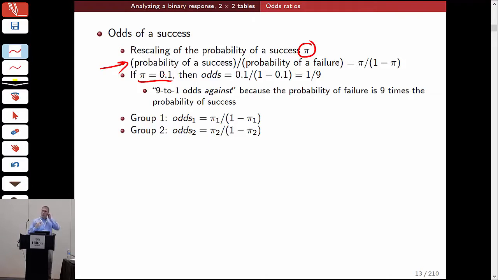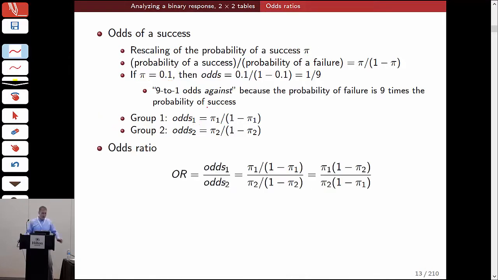Now again, we're going to be interested in computing multiple odds of success, one for group 1, one for group 2. So we can simply denote the odds of success for group 1 as odds 1, and the odds of success for group 2 as odds 2. And then that leads into this comparison.